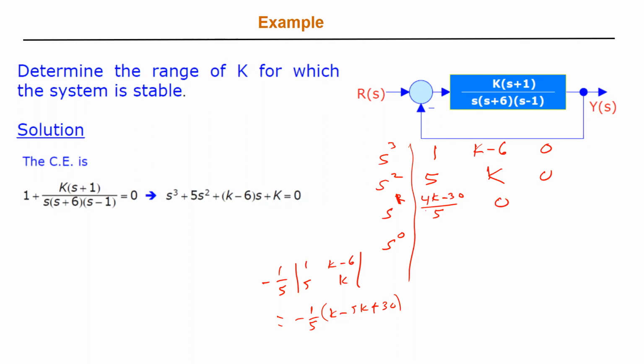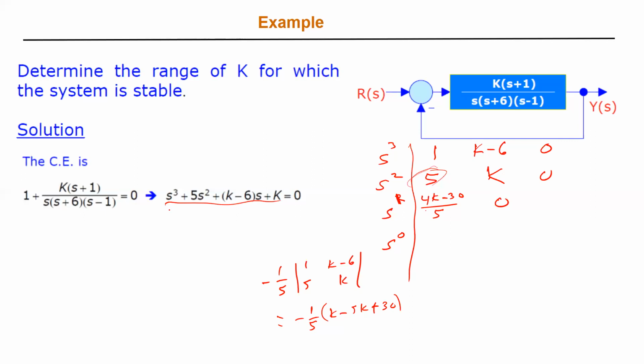A student asks whether the first element is the coefficient of the s term. The first element is minus, divided by this element, which is the 5. The student clarifies that the question is about the s cubed element. Exactly: you look into the characteristic equation.